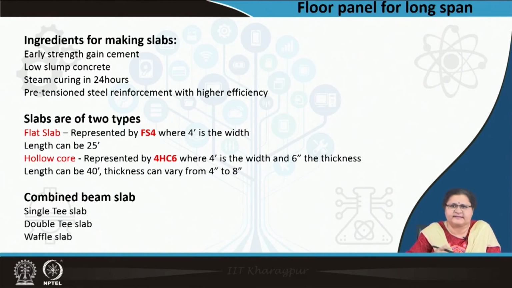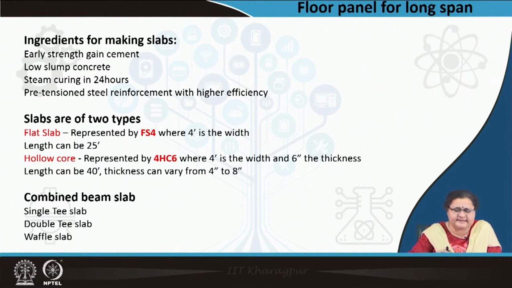Now under this long span we have two types. One is the slab only and the other is a combined or composite of slab and beam together. So coming to the slab, which is itself a standalone slab, they are again of two types: flat slab and hollow core.